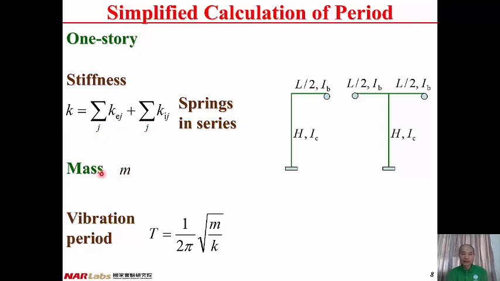And M is the mass of the structure, and K is the stiffness of the structure. From the mass and the stiffness of the structure, we can compute the vibration period, T equal to 2 pi times square root of m divided by k. And this one is the fundamental vibration period because there's only one period.